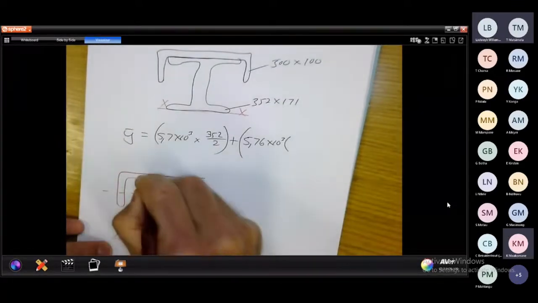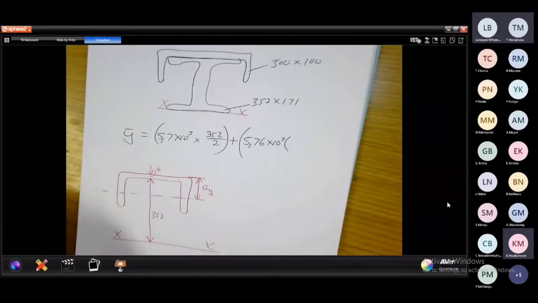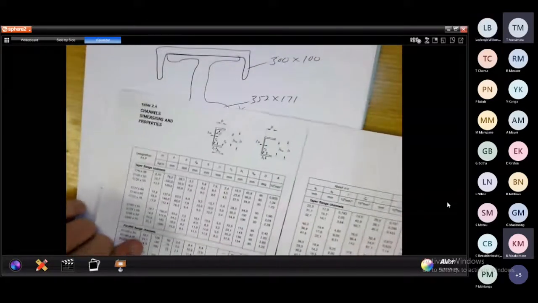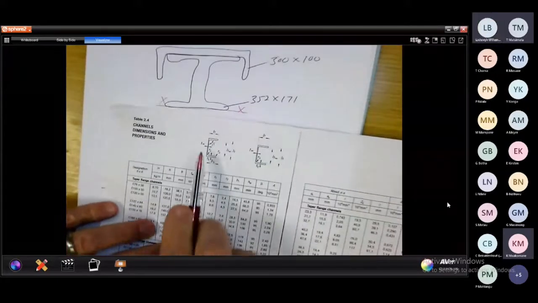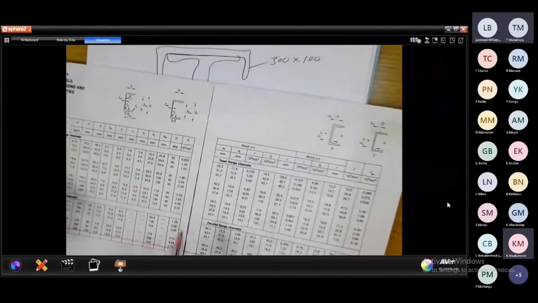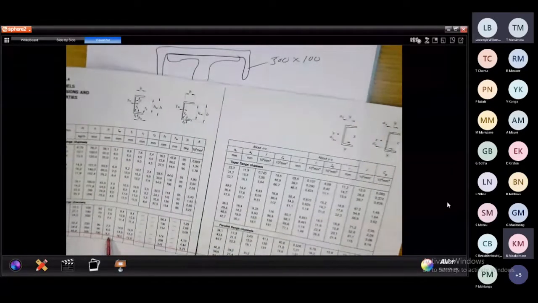Right, but can you see there is a thickness? And when you go back to your tables, you see that thickness, you call it tw. That means there's a tw there. And if I go and check on my one, what is tw, I realize tw is 9.